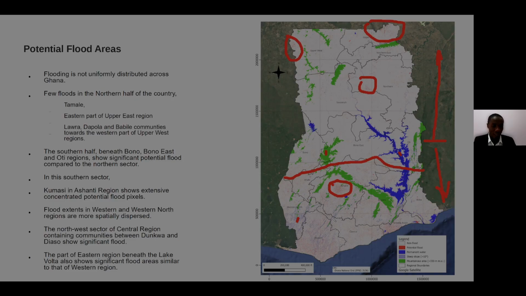However, on the northern part of Central region, the areas between Dunko and Diaso have high amounts of rainfall as compared to the areas beneath Central region in these communities.